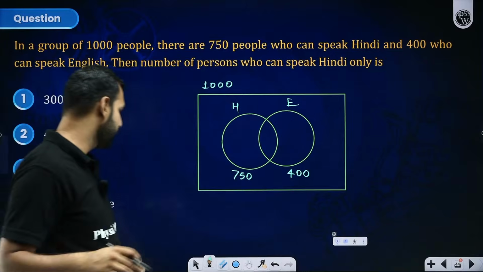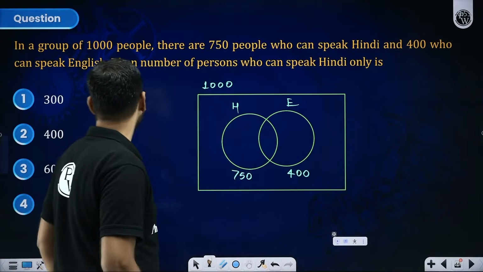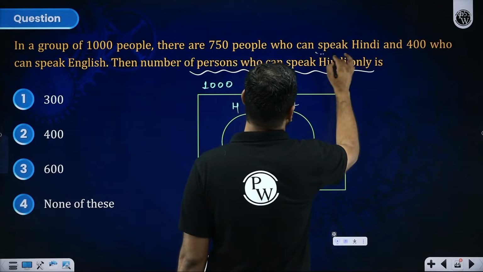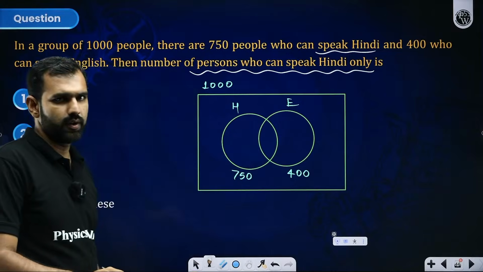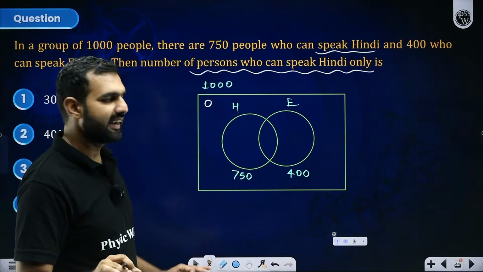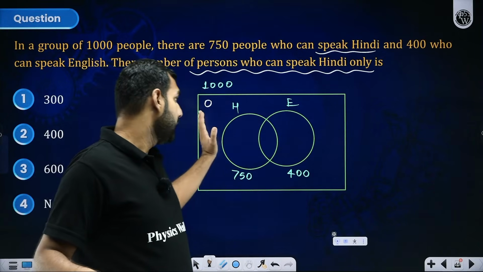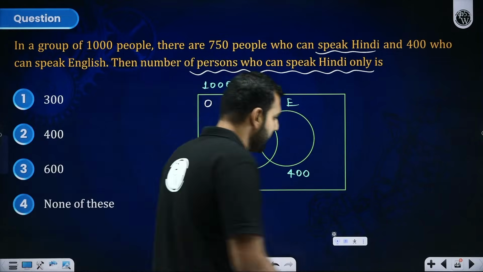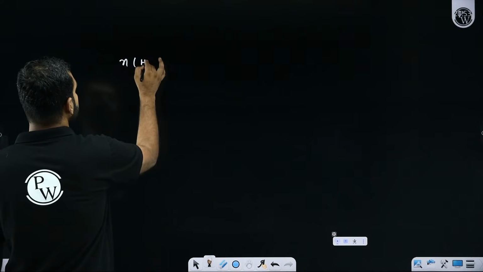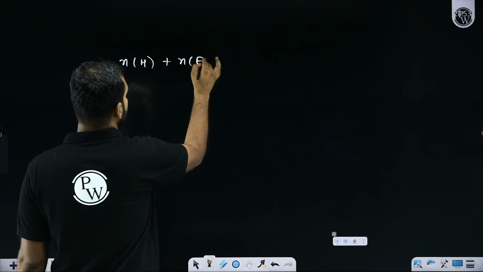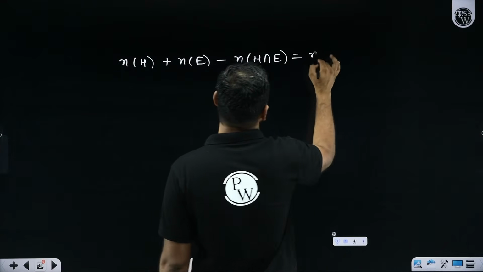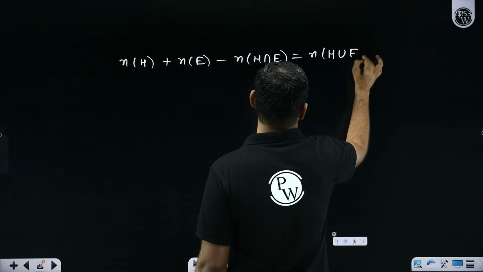Brilliant. Perfect. Now with this, what are we told next? We are told the number of people who speak Hindi only. Let's try and figure it out. First of all, there are no people who speak neither Hindi nor English. So this classification is done on Hindi and English. There is a formula. The formula says that number of people who speak Hindi plus number of people who speak English minus number of people who speak Hindi and English will always be equal to number of people who speak Hindi or English.